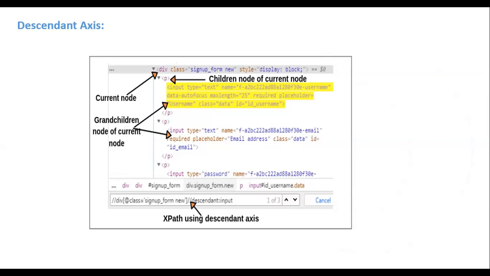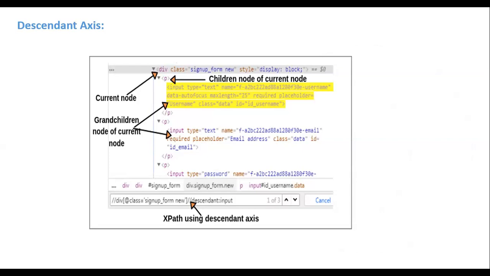So using the descendant selector, we can select all the descendant elements. In descendant come children and grandchildren. So here we have seen how we can select child element, child axis, parent axis, ancestor axis, as well as descendant axis.